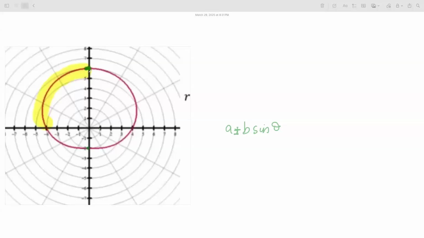Let's see. A would be 4, right? Because it touches 6, so is it 4 or 6? A is 4 and here there is a 2. So 4 and 2 makes up 6, and 4 minus 2 makes up 2. So A is 4.